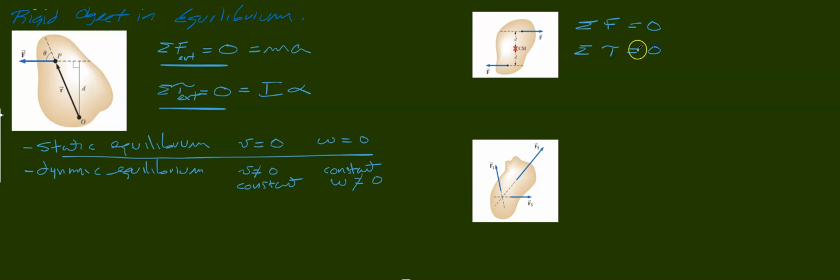So the sum of torque is not zero. The second scenario is different. We can clearly see that the sum of forces is not zero. But what about the sum of torques? The sum of torque with respect to this point, let's say point A, is zero. You see, no force has any lever arm with respect to the point.